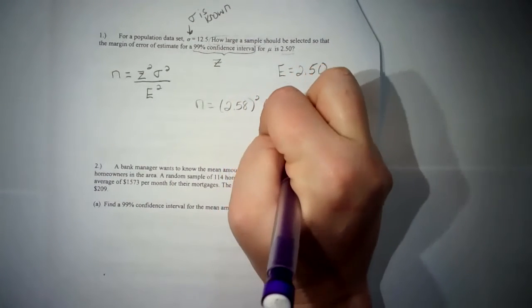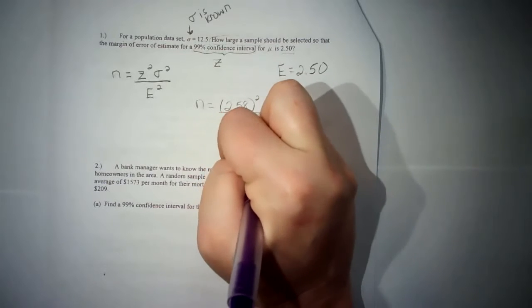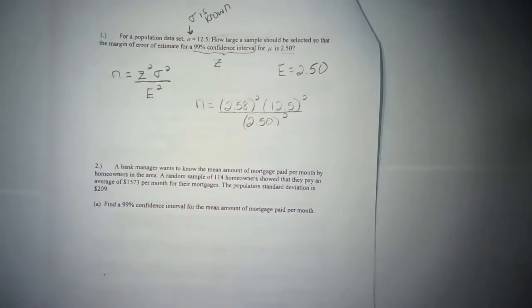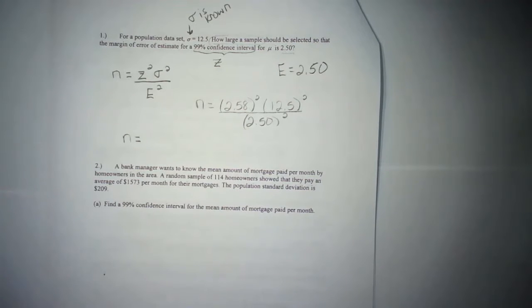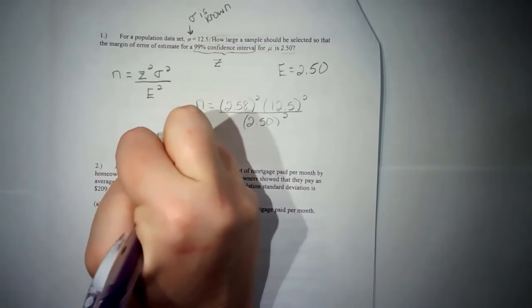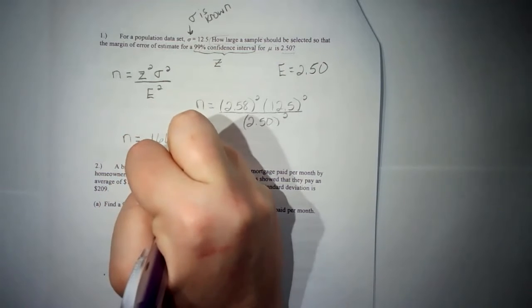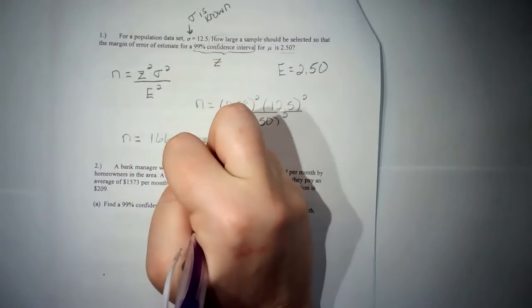Sigma is 12.5 squared over a margin of error, which is 2.50, and that's also squared. Okay, so if you square everybody, I came up with 166.41. Now, remember, for a sample size, you want a whole number and you always want to round up. So what is our actual answer going to be?